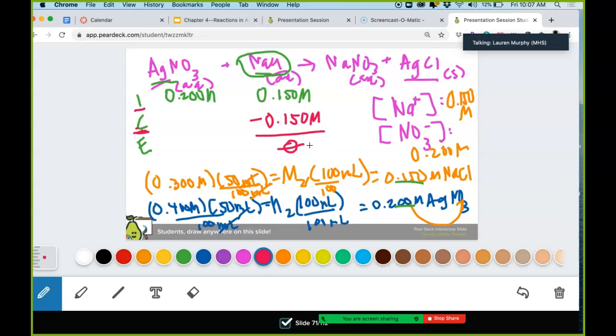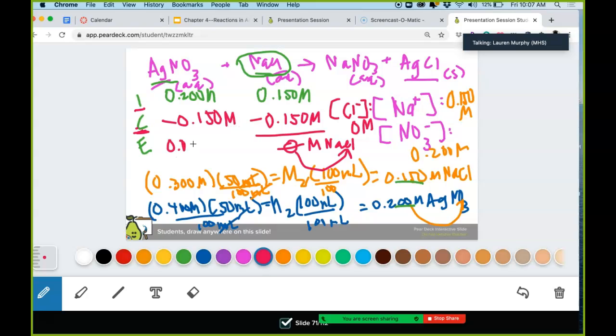So I have 0 molar sodium chloride, the chloride ion then, and it's not the sodium, remember, is 0 molar. Now, they're reacting in a 1-to-1 ratio right here. So whatever this number is, this is the same number. I'm going to lose this much here because they're reacting in a 1-to-1 ratio.